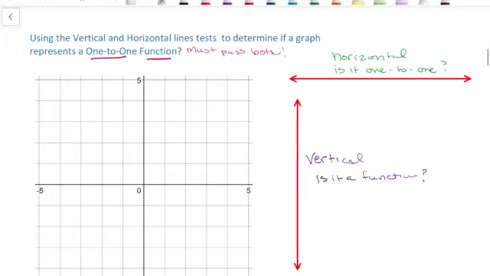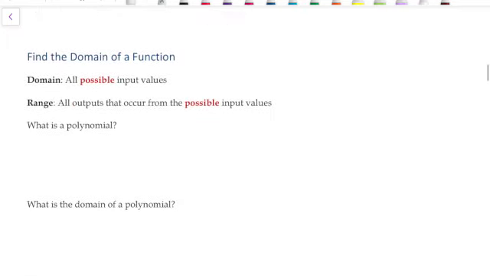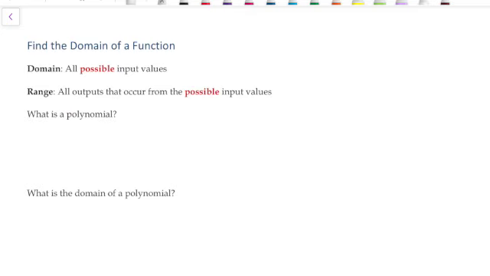All right. So let's move on. So we're going to find the domain of a function. So the domain, remember, and this may be new to you, but it is all possible input values. Every single thing, so every possible x value. When you say, well, what would make it impossible?